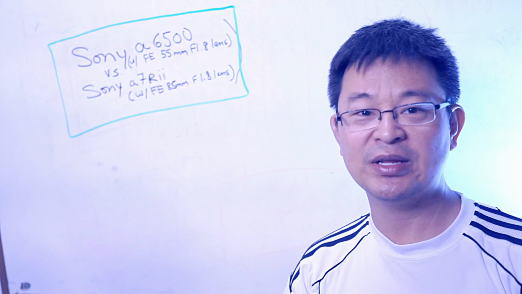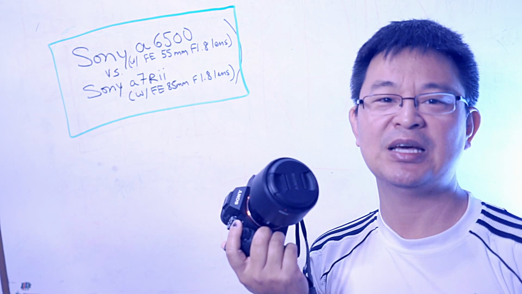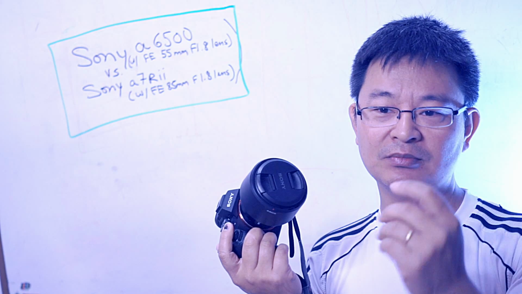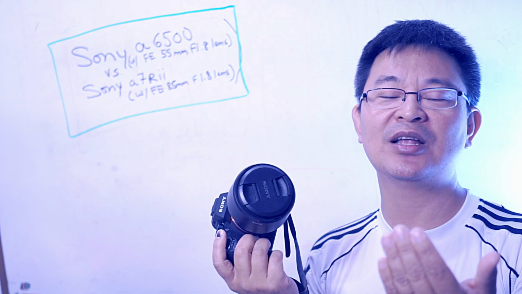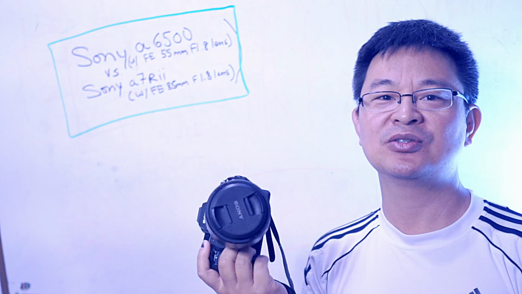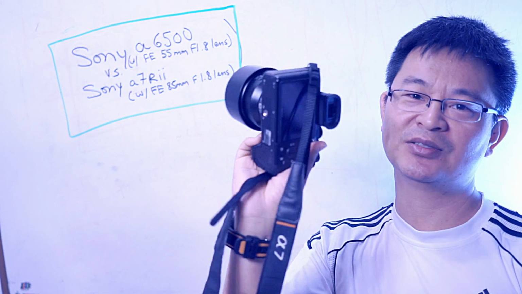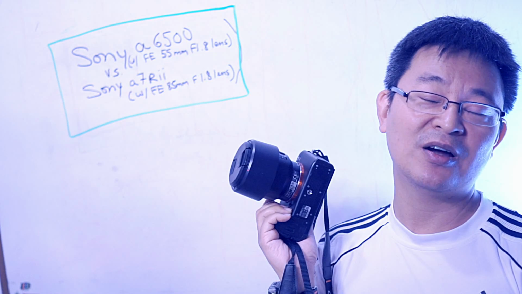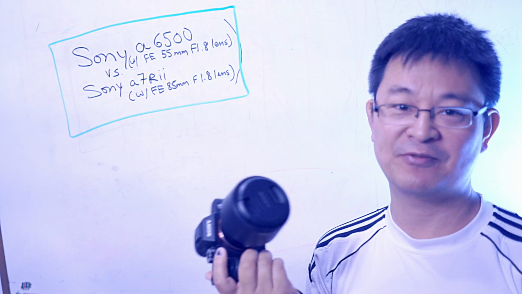Now, for the Sony a7R2, if you're standing 1 meter away, you can enlarge it another 50% more, and you can't see the pixelation. So this is the power of this Sony a7R2, 42 megapixel. That's very impressive.